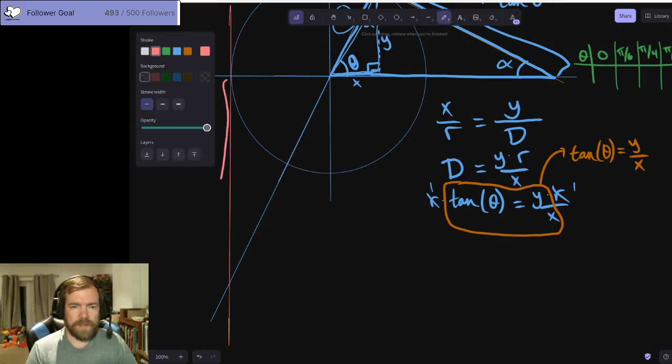This distance is also our tangent theta.